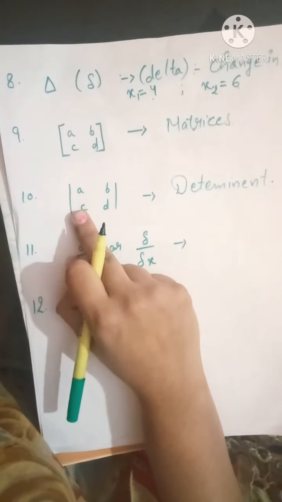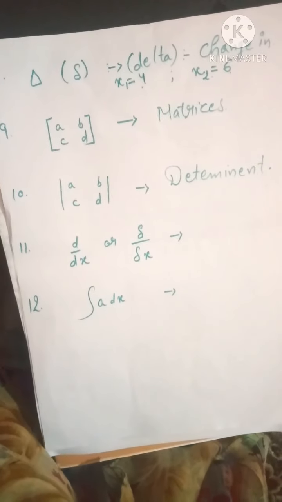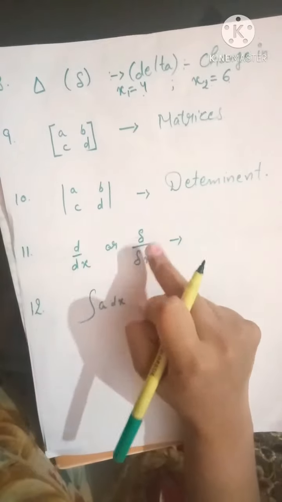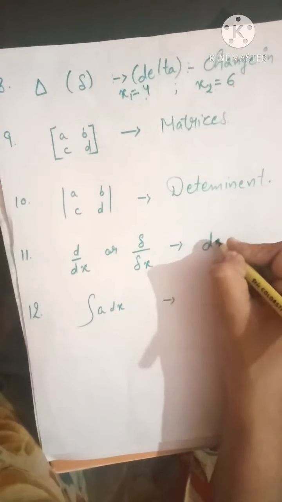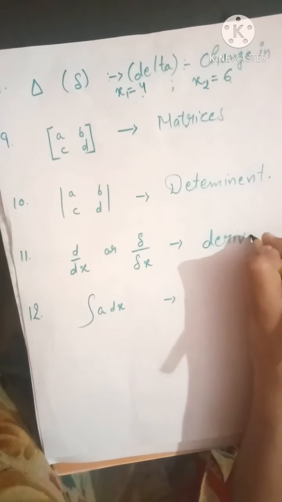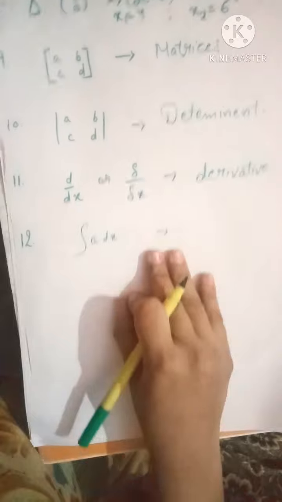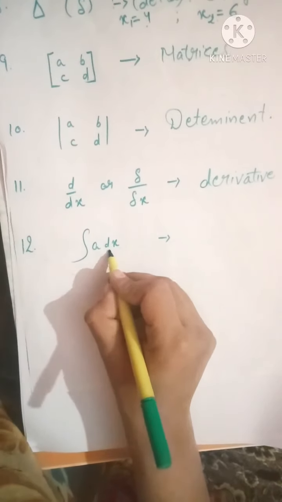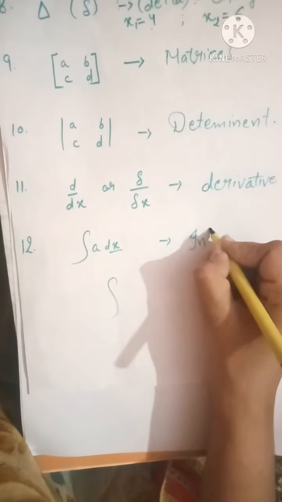This symbol represents the determinant representation of A, B, C, D, and this d over dx or del over del x is called derivative. And this symbol, with the element dx within it, is called integration.